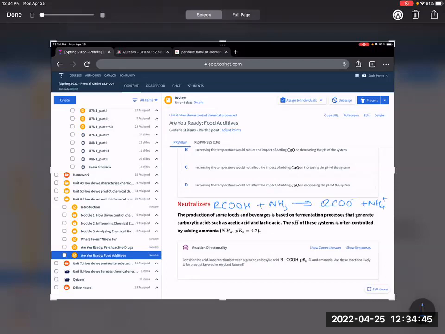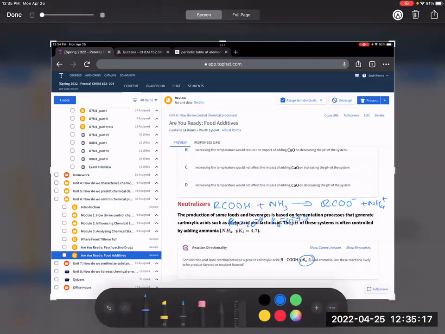RCOOH is the weak acid, and that has a pKa of 4. Therefore Ka must be 10 to the power of minus 4, and ammonia has a pKb of 4.7. Therefore Kb must be 10 to the power of minus 4.7.